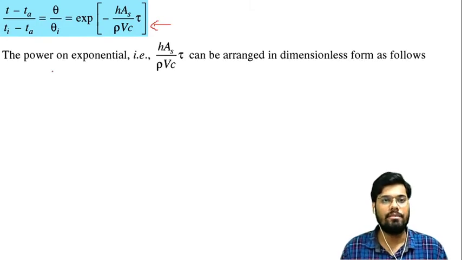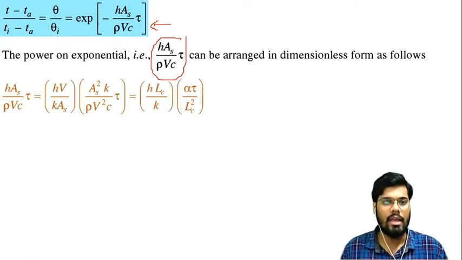In this equation, the exponential term hA upon rho V c into tau can be rearranged to make it simpler. Now we can multiply by volume and divide by volume. Volume is already there, so upon this it is V square.